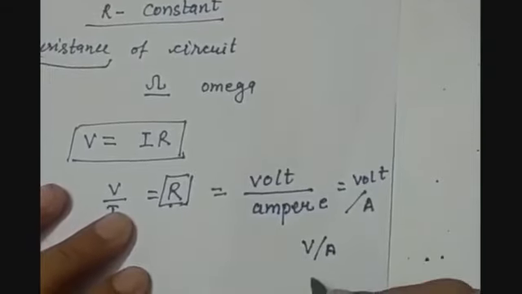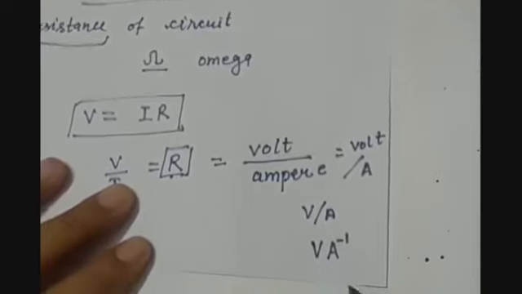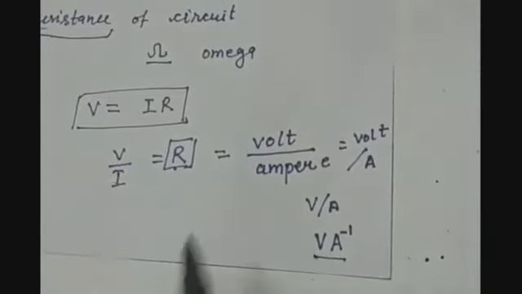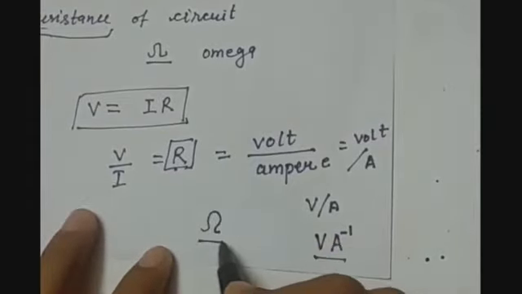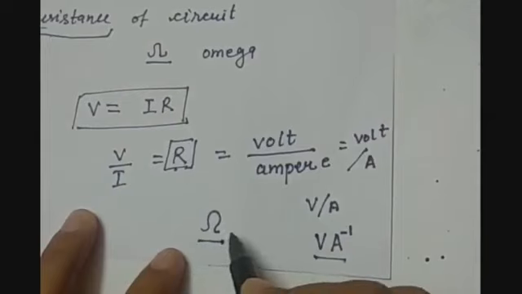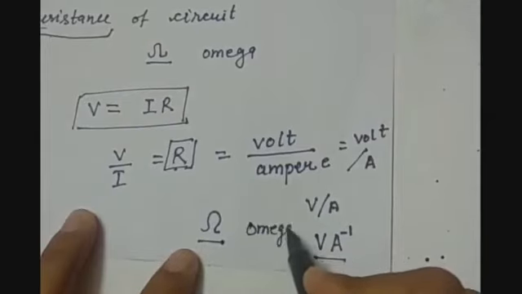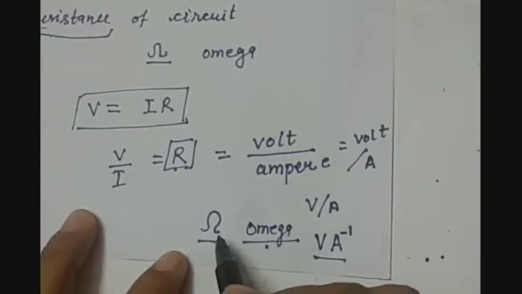You can also say volt ampere inverse, this way. The symbol I have already told you, it is made like this. This is the ohm symbol and this is called omega or simply ohm, because this was taken from the Greek word omega. That is why this is also called the ohm symbol.